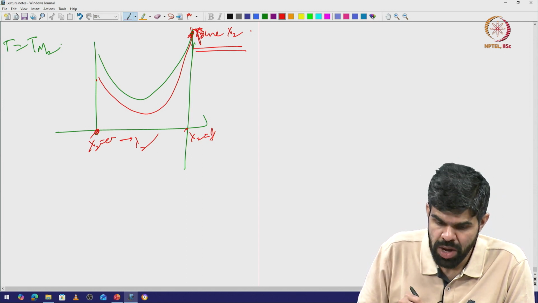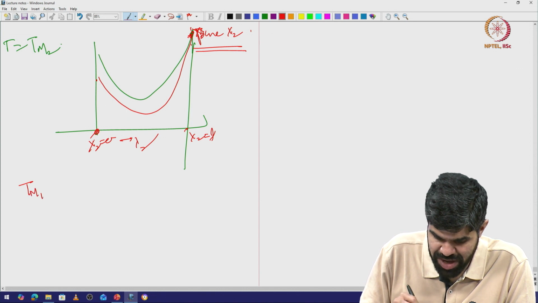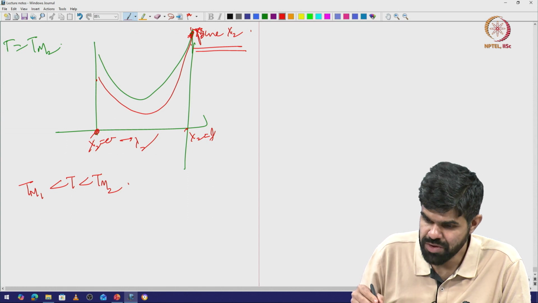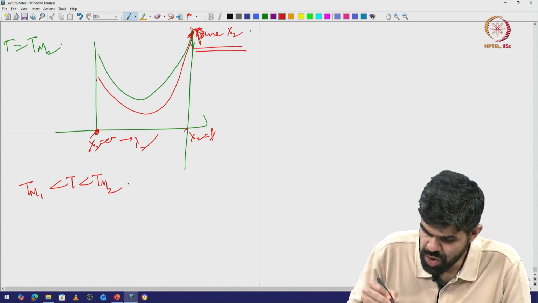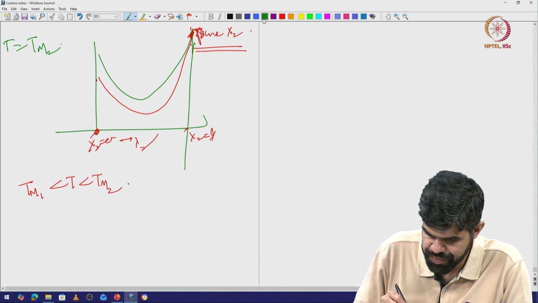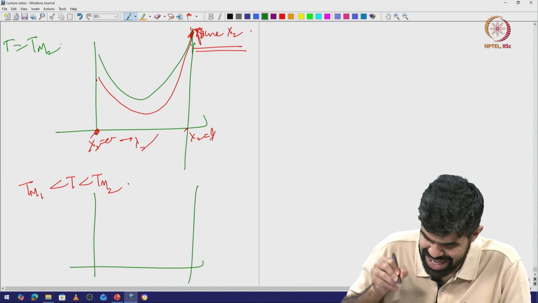Okay. Now, I am at a temperature where TM1 is less than T is less than TM2, I am still reducing the temperature, right. So, when I reduce the temperature, this is going to change again, right.